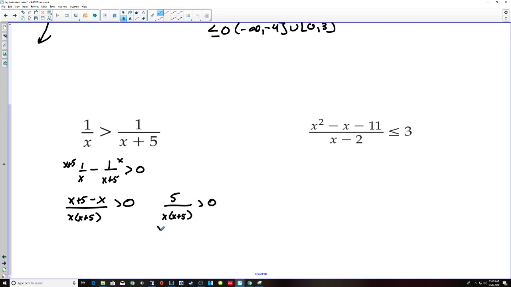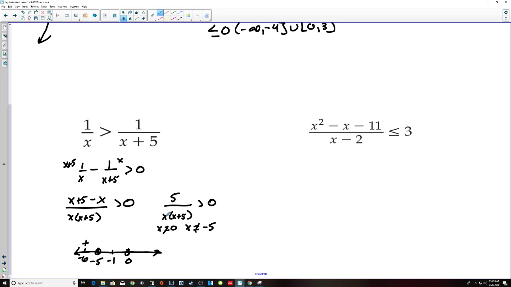The points that we're interested in: x cannot be 0, x cannot be negative 5, but this can change signs over those values. So we have negative 5 and 0, and we cannot equal those. So negative 6: negative 6 times negative 1 is a positive.